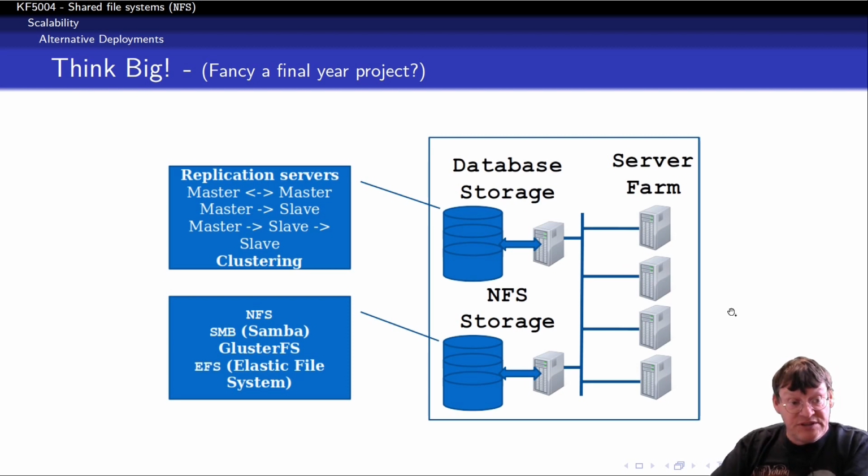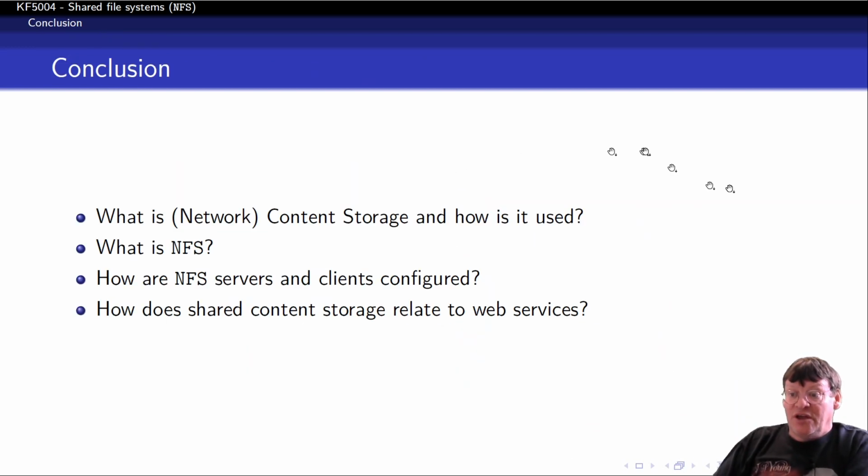So from what we've done in this session, we've looked at these servers and just the NFS component, but we need to be thinking bigger now. Hopefully what we've got through now is understanding what network content storage is and how it's used. It's a way of commoning up an area so that multiple servers have a single storage point that is shared. We now know that NFS is networked file systems, and that is a technology that allows us to do it.